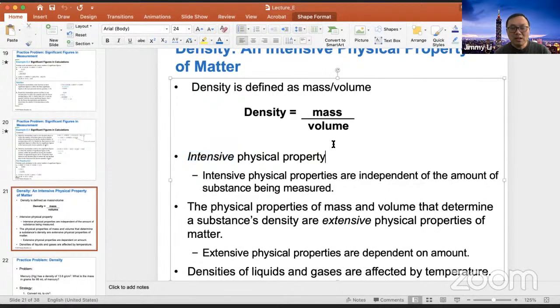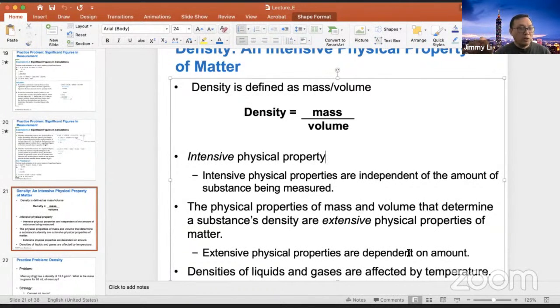So let's see how they define intensive property. Intensive property is independent of the amount of substance. That's called intensive property. Extensive property depends on the amount of substance. For intensive property, I just want you to have some imagination here.